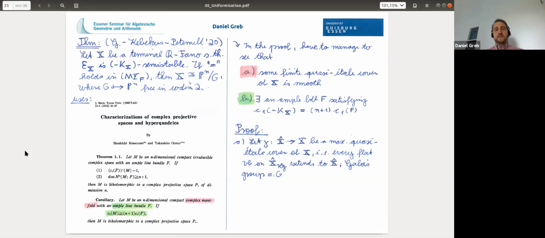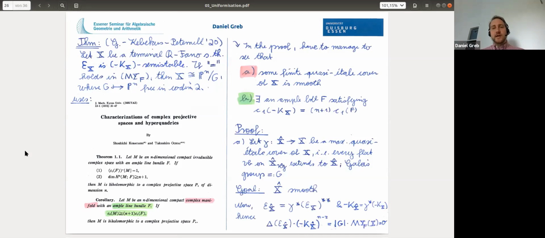So the thing to show now is that X hat is Pn, and then X would be Pn mod G. Okay. So the first goal: X hat is smooth. Now these two lines tell you that the assumptions I made on the semi-stability of the tangent sheaf and the equality in Miyaoka-Yau and the Fano condition are reproduced on X hat.